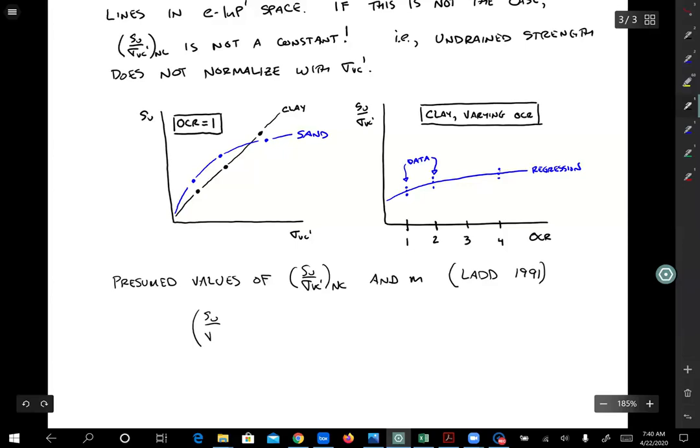So Su over sigma'vc in NC is approximately 0.2 to 0.25 for a direct simple shear stress path. A little bit higher for triaxial compression, maybe about 0.3 to 0.35.